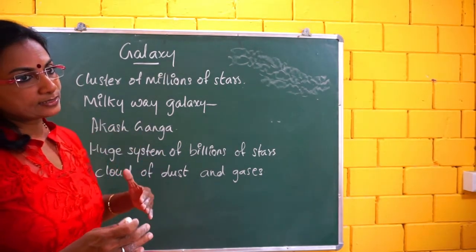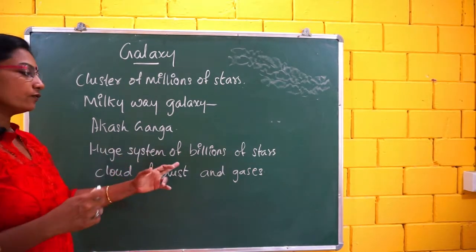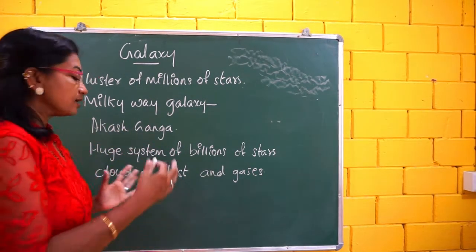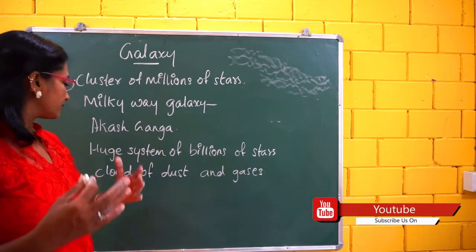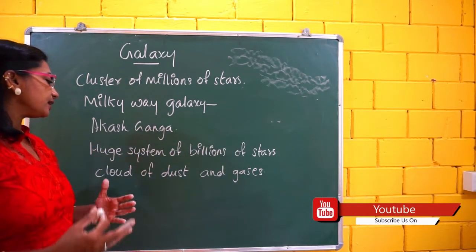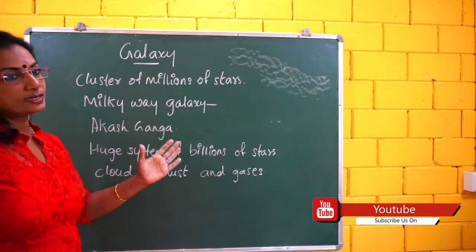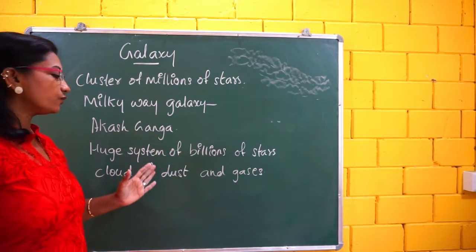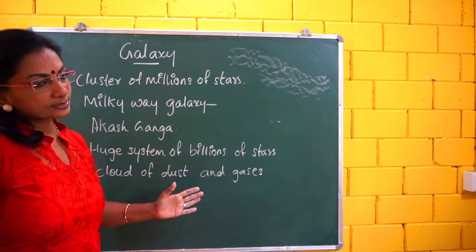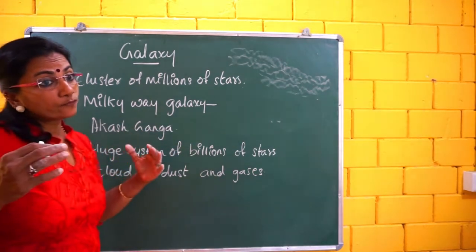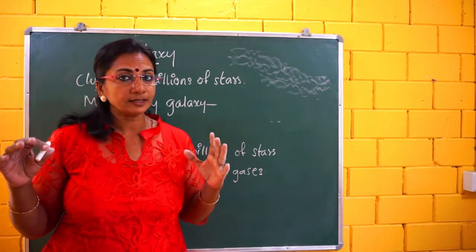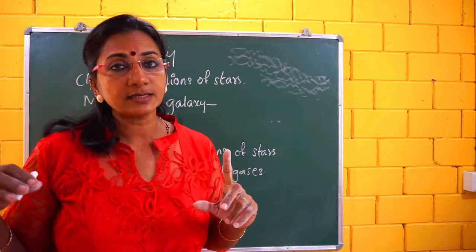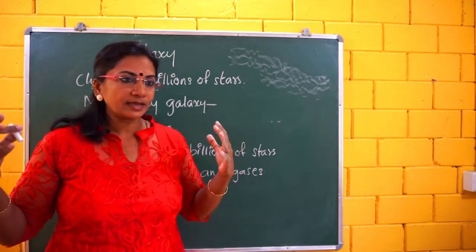And what is a galaxy then? A galaxy is a huge system of billions of stars, clouds of dust and gases. There are millions of such galaxies that make up the universe. Would you believe that? Not only one galaxy is there, there are millions of galaxies.